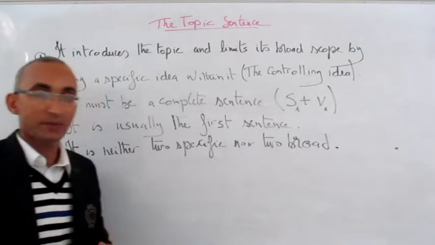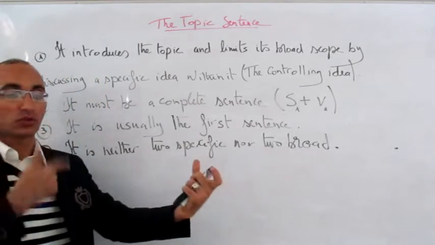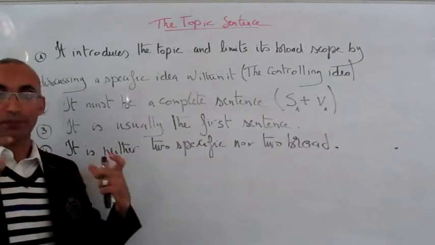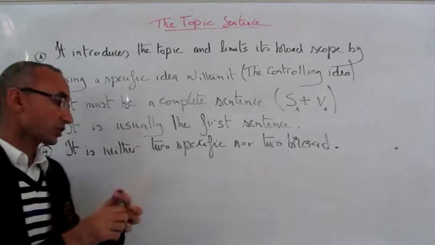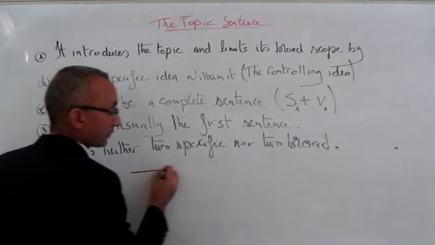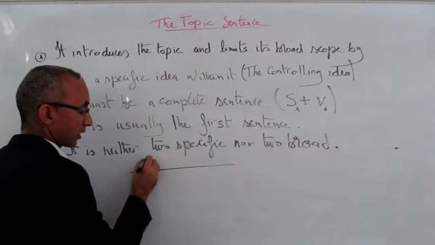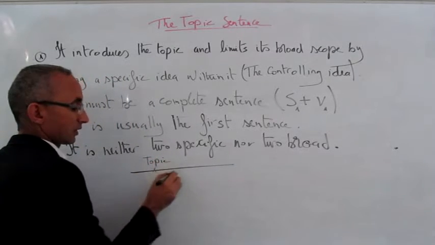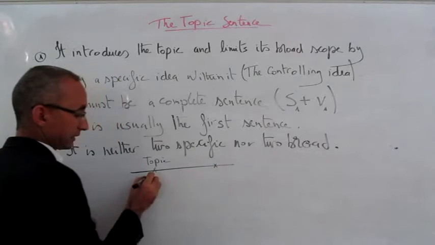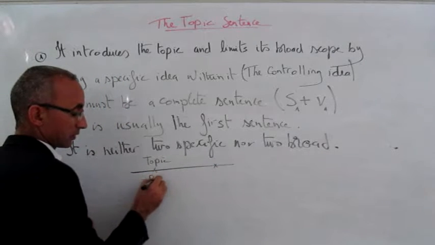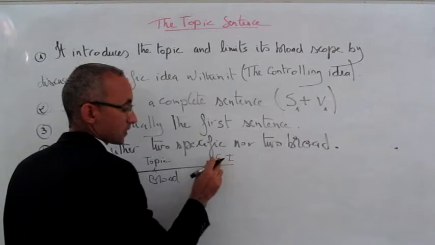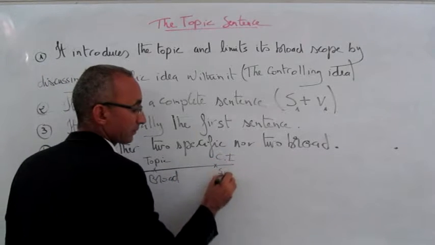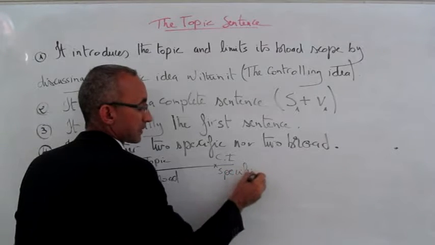Now, as you know, we have in the topic sentence two key elements, which are the topic, which is very broad, and the controlling idea, which is very specific. This one is topic, and it is broad, general, and the controlling idea, specific idea, is very specific.